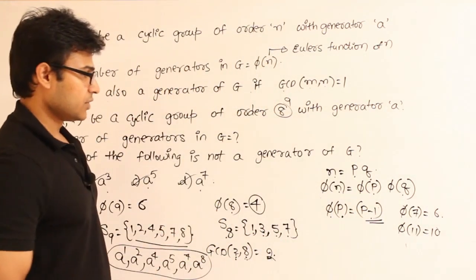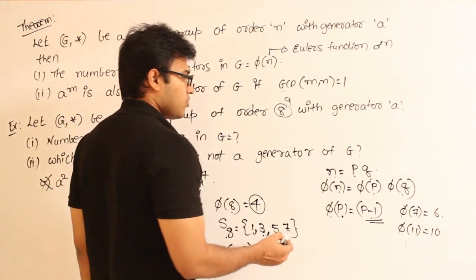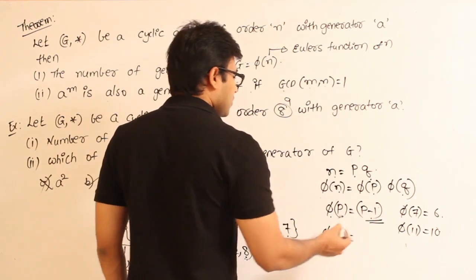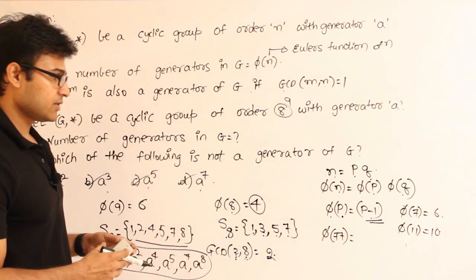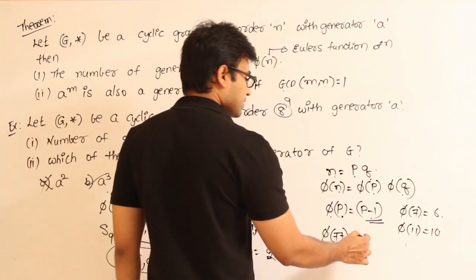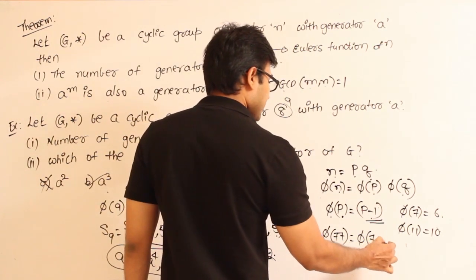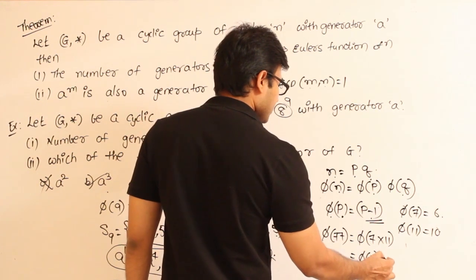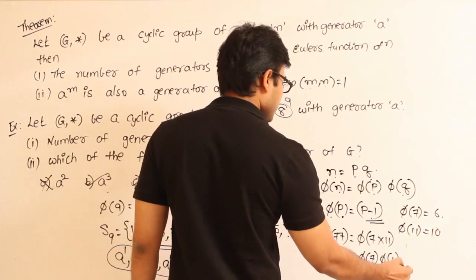So why is it useful? Now let's say I want to find out phi of 77. Instead of directly finding all the numbers from 1 to 77, you can write phi of 7 into 11, which can be written as phi of 7 into phi of 11.